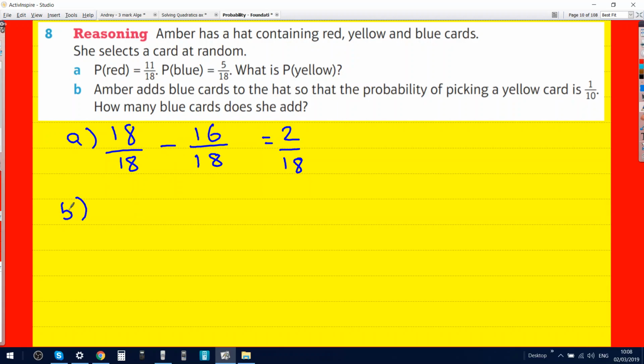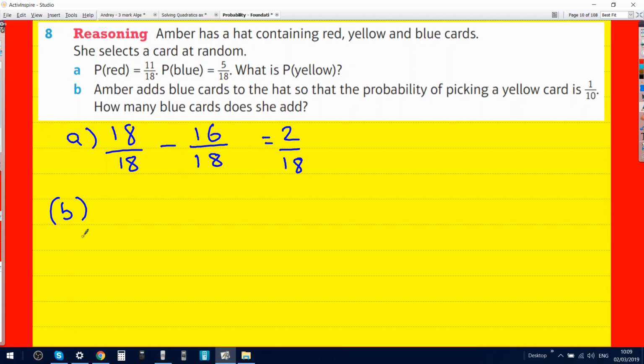B. She adds blue cards to the hat. How many blue cards does she add? I'm not sure.